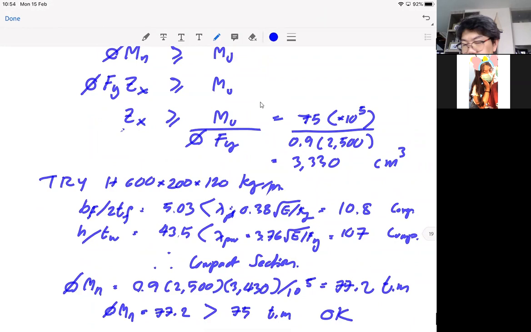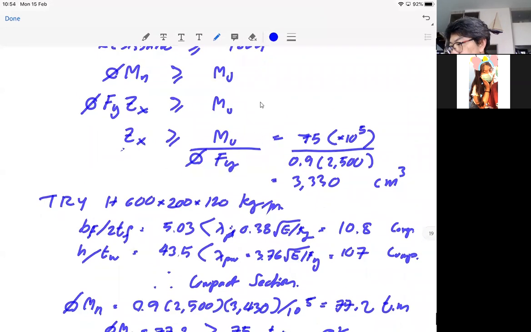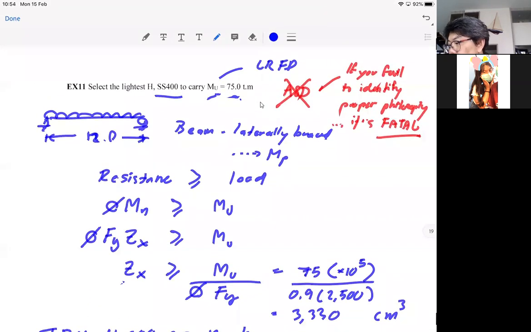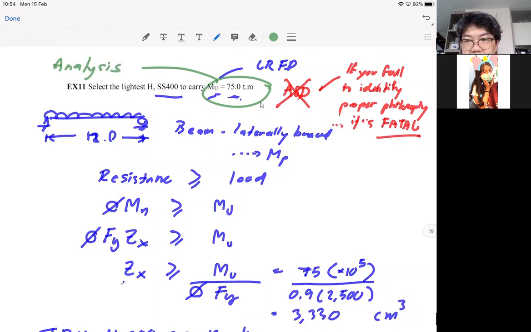So in terms of the points when you work, say, in the exam, the points will come from the analysis, right? If the moment is given, that means you get a free ride on the analysis, you don't have to do anything.